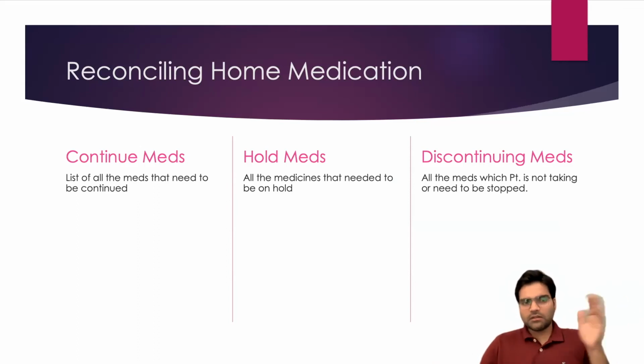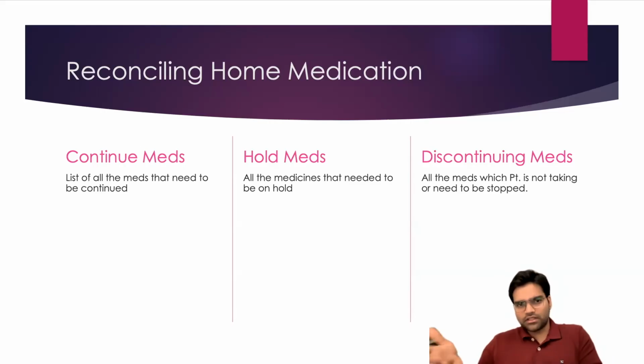But if you are admitting the patient, then at that time you have to reconcile the home medication. So if you want to continue certain medication, like aspirin, or levothyroxine, because these medicines you have to continue, and also blood thinners like Eliquis, you have to continue that.